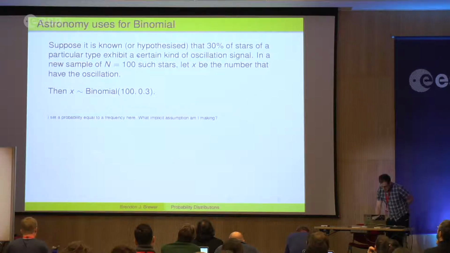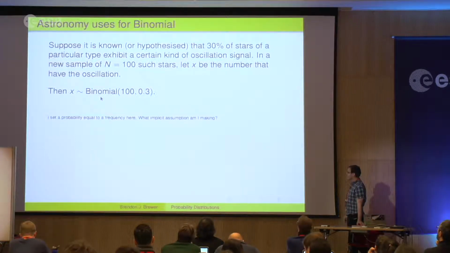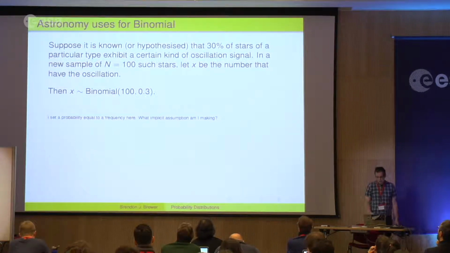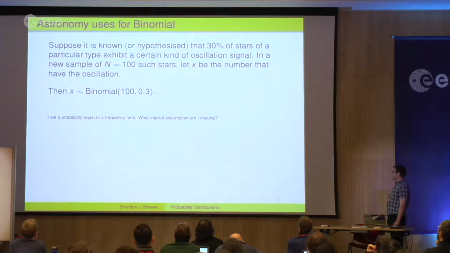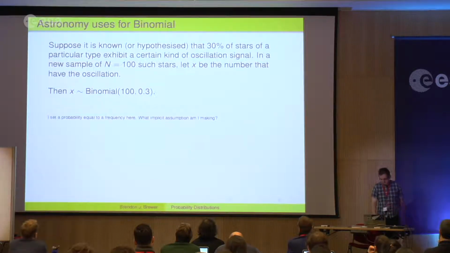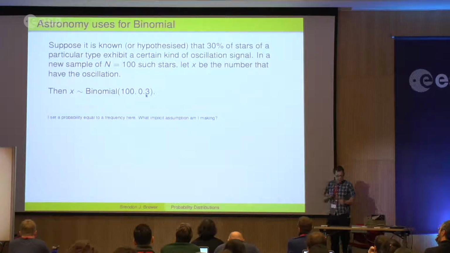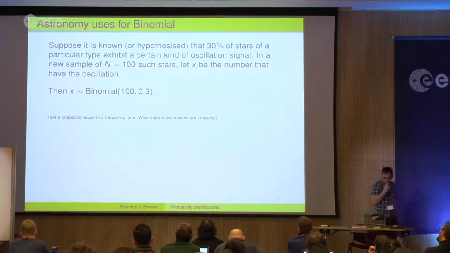I've written this down with a very common notation, certainly among statisticians, for quickly writing down the probability distribution of something. If I wanted to tell you that x has a binomial distribution with these two parameters, 100 trials and success probability of 0.3, those are the two numbers that say which binomial distribution I'm talking about.